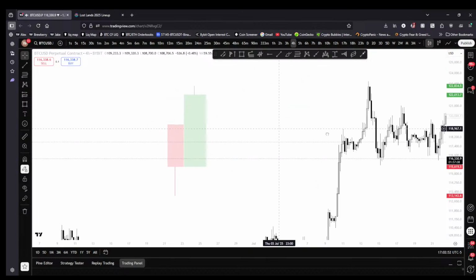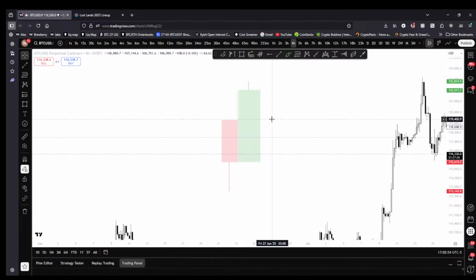An order block is created when a bearish candle is completely engulfed by a bullish candle.